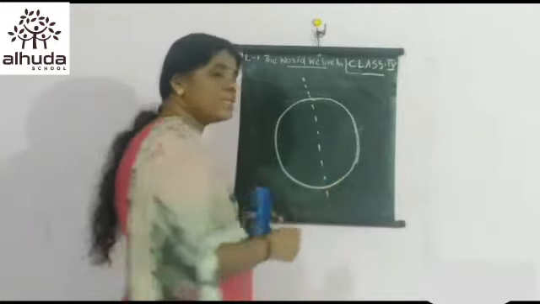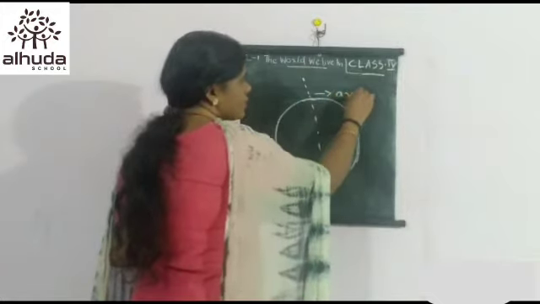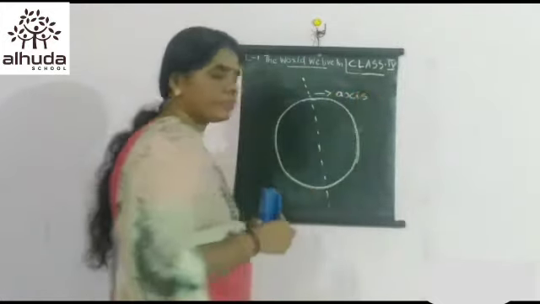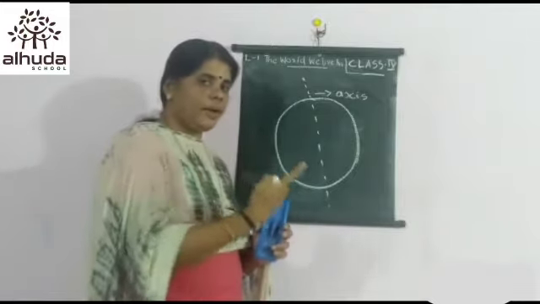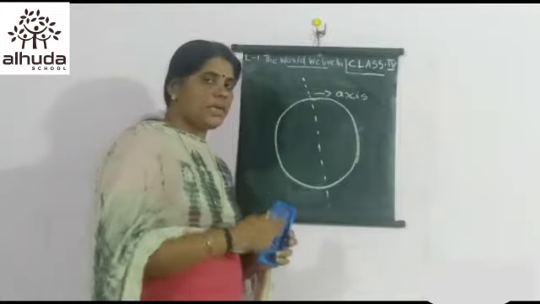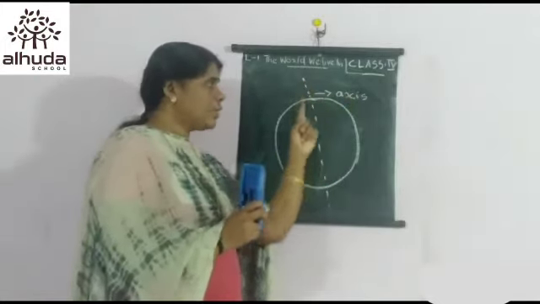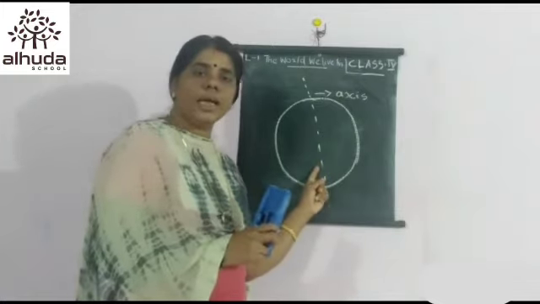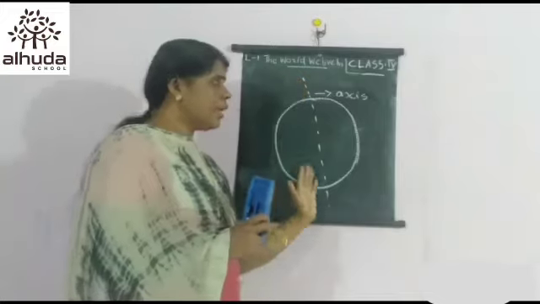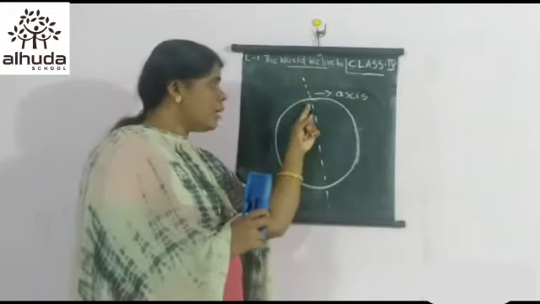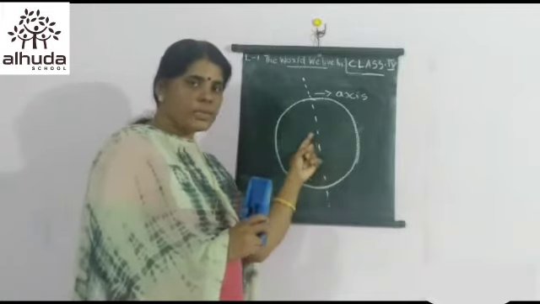Have you seen that the globe rotates around a line passing through the center? That line we call the axis. Actually this is an imaginary line. It is not there, it's not real. Based on this line, the earth rotates on its own axis.